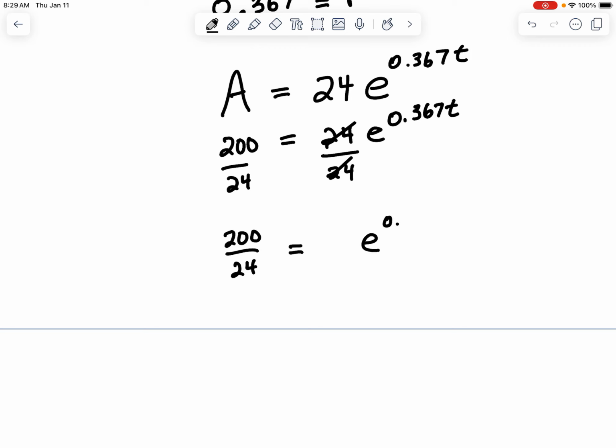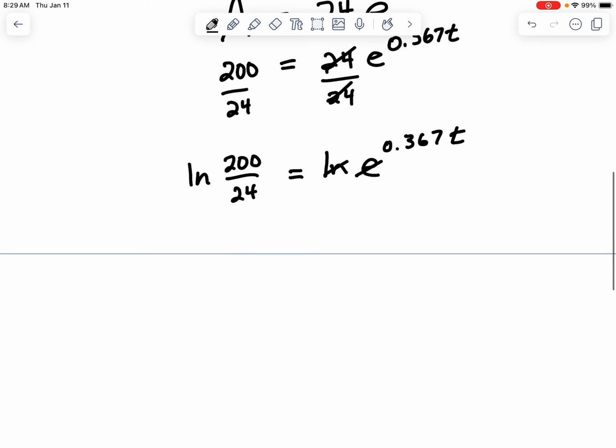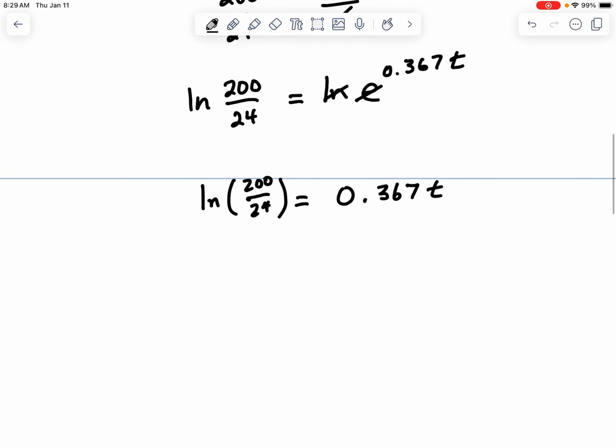And just like a minute ago, in order to eliminate the E, we will take natural log on both sides. So again, these two cancel each other out. We're left with 0.367 times T. And then there is the natural log 200 divided by 24 on the left side. And just divide both sides by 0.367.